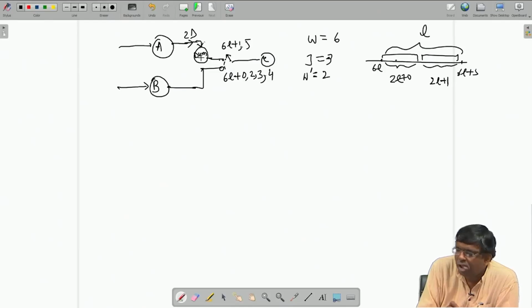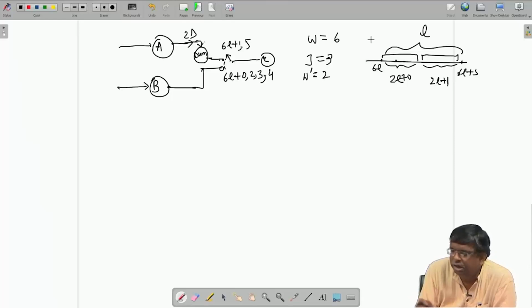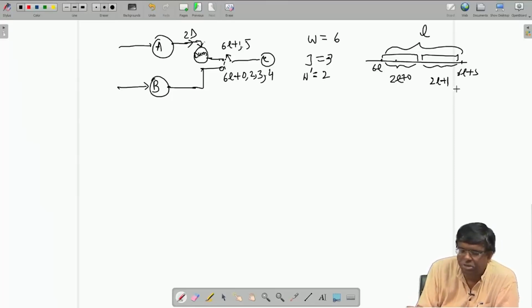Now, you see that there is an edge between dummy and C and this edge has no delay; the delay I have kept to the left of dummy, between A and dummy. Now I unfold by a factor J equal to 3, because 3 bits will be kept parallel and 2 digit cycles, 12 plus 0, 12 plus 1.